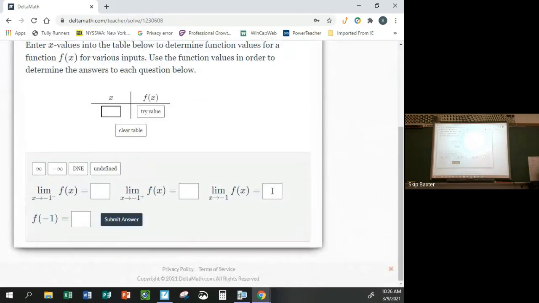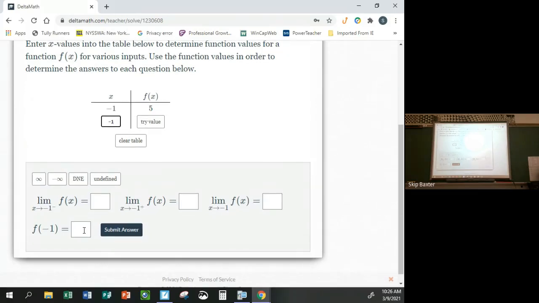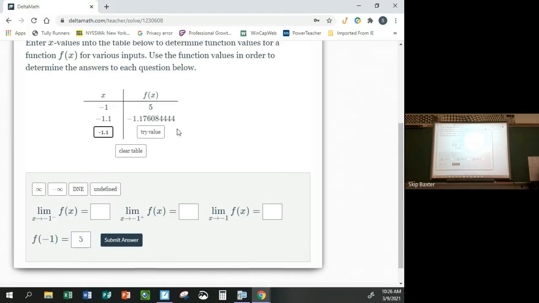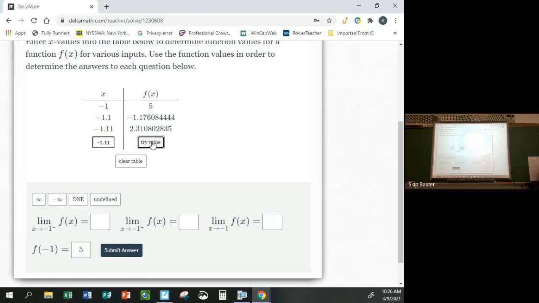Let's try this one. So this is the limit as x goes to -1, same thing. So if I substitute -1, I pick 5, so that's here, 5. Now I'm going to do -1.1, and just keep trying numbers, right? Whoops, I'm not doing it right, am I? Oh, 1.